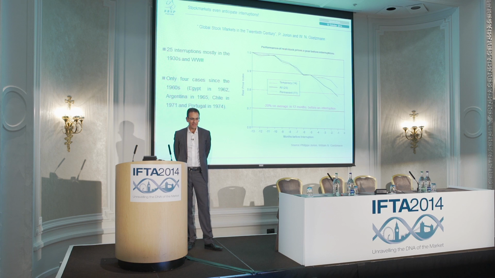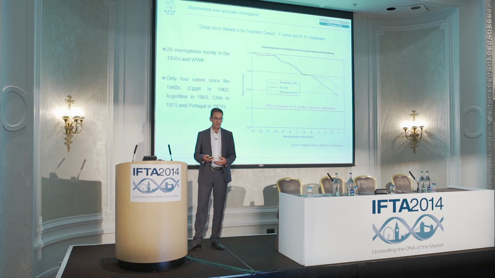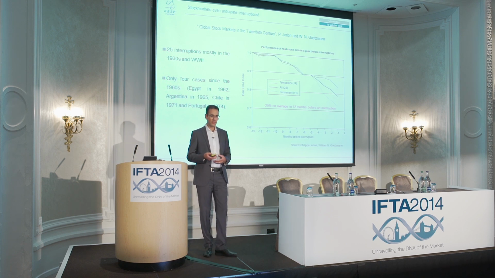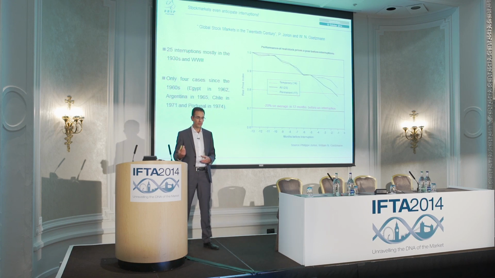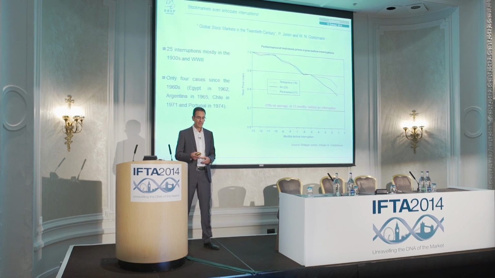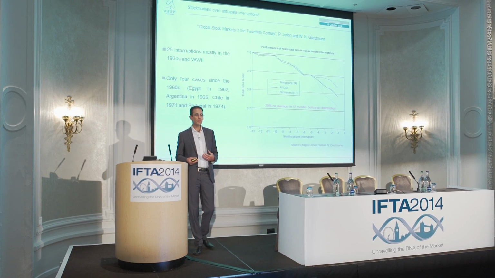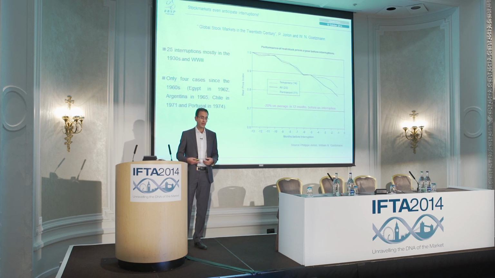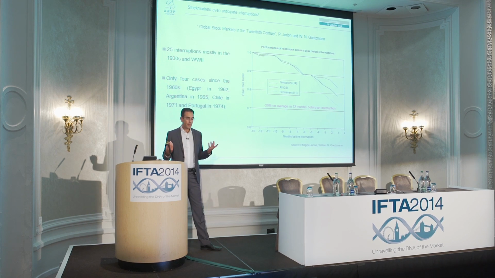So to answer the question, can we forecast black swans with trend following tools? Here you have a good example in this study, published by Jorion and Goetzmann a few years ago. A very interesting report, if you have the opportunity to read it. It says that on average, when you have a market interruption, and sometimes the market never reopens, which was the case, for example, in Portugal in 1974, then if you are a trend follower, you are out of the market since a long time.